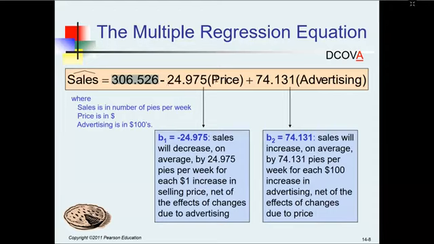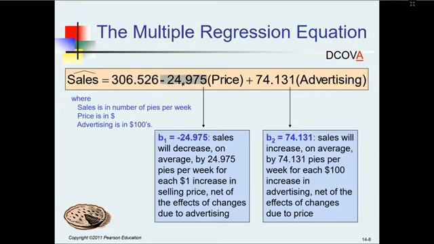When price is increased by 1 unit, the corresponding decrease in sales will be 24.975, because price and sales are inversely related. So when price is increased by 1 unit, sales will decrease by about 25. Sales volume will decrease about 25.